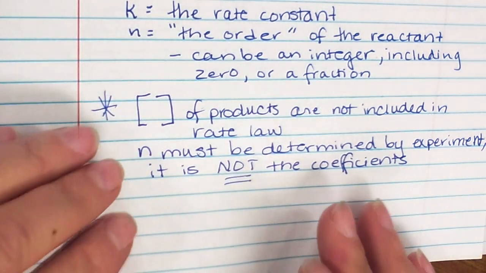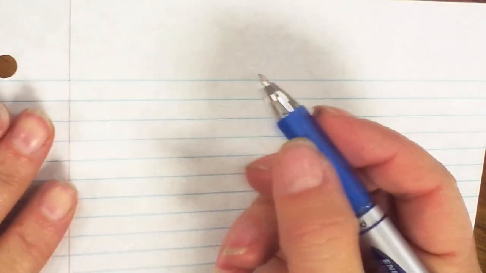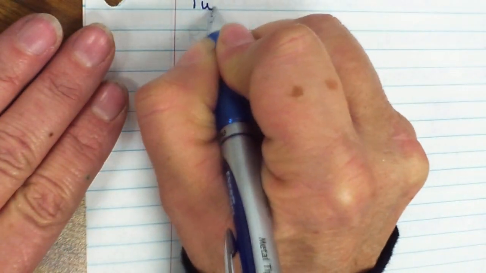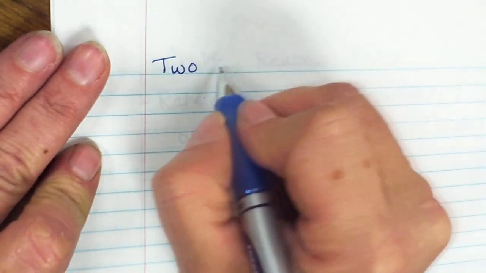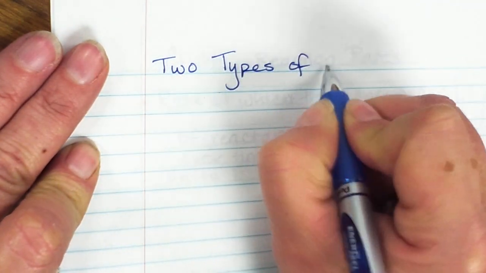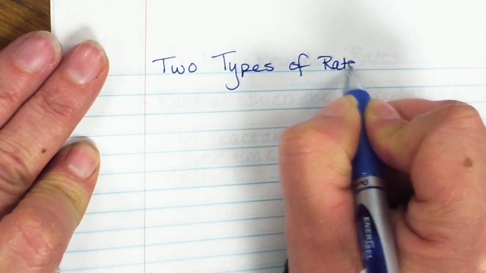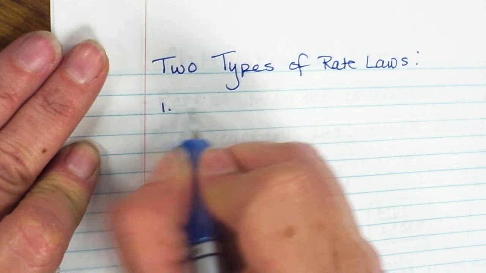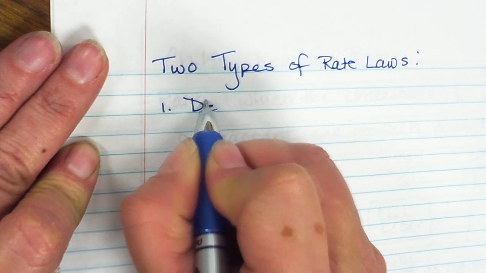So there's 2 types of rate laws. Most of what we do is one type, but we do a little bit of work with the second. The first is the differential rate law.